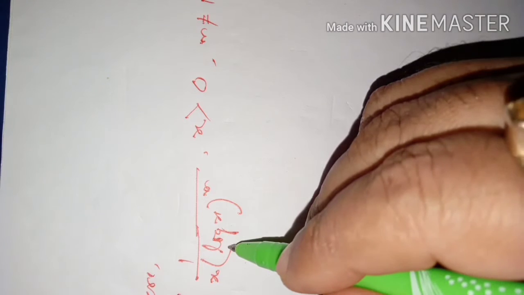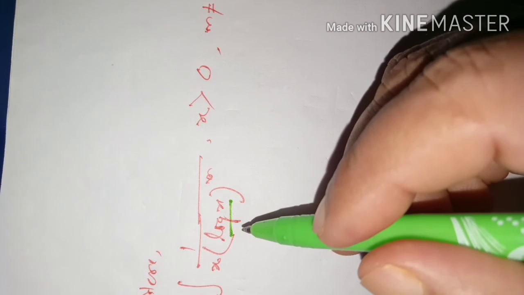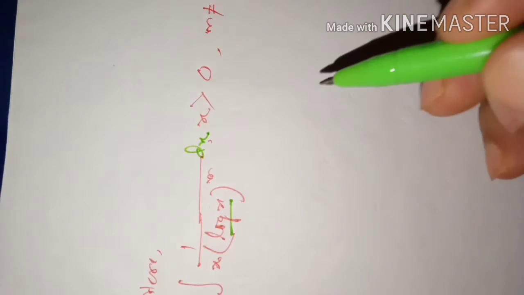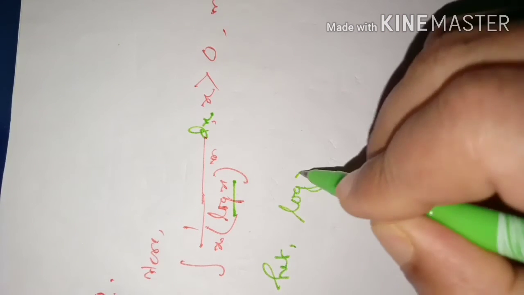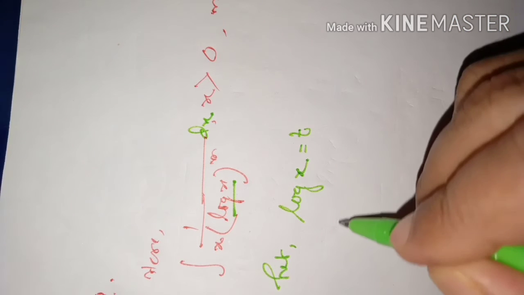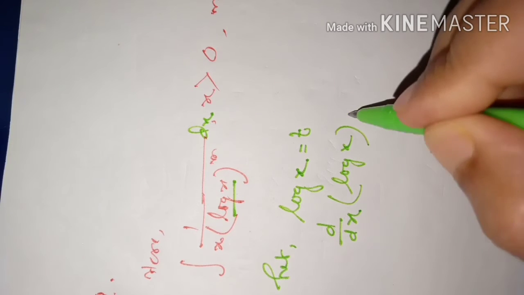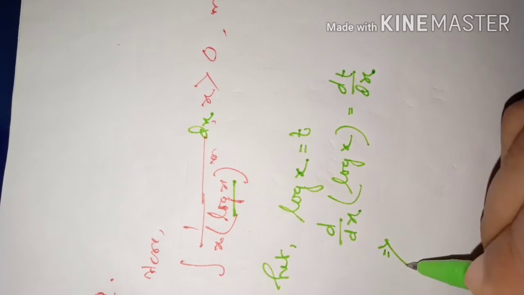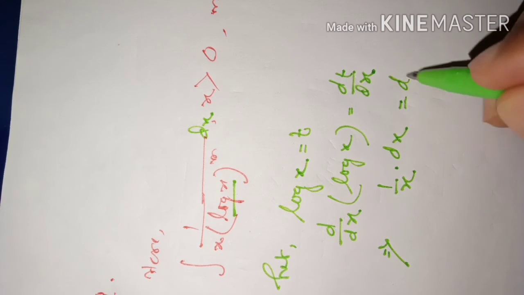Suppose we consider this log x as t, because you know that the derivative of log x is 1 by x. So we can substitute 1 by x by that new variable. Suppose log x is considered as a new variable t, then d by dx of log x will be equal to dt by dx, from where we can get 1 by x into dx is equal to dt.